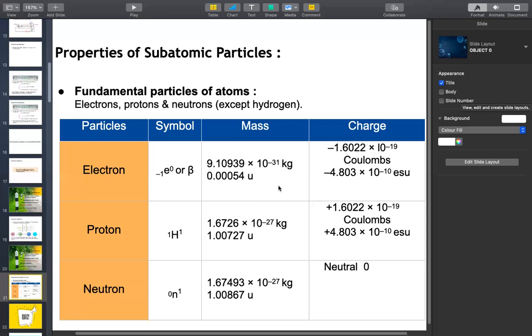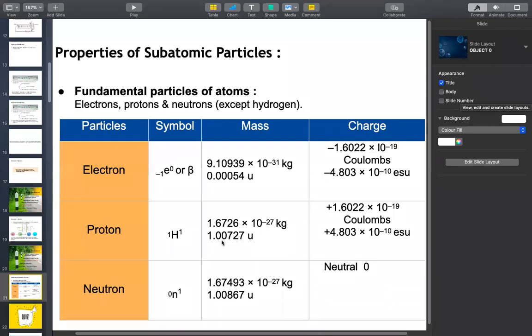So by using that relationship, if you put this kg in grams, that will be 10 power 3 into gram, and for gram you can write 6.022 into 10 to the power 23. If you do this entire process, you will get the U value. Similarly, you will get it here also in terms of U, atomic mass unit.